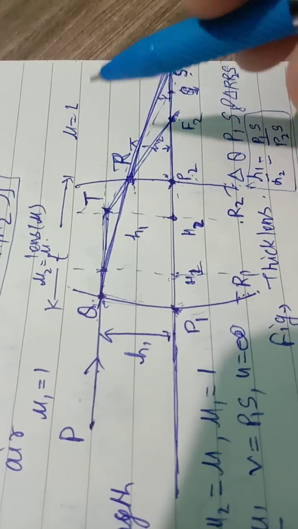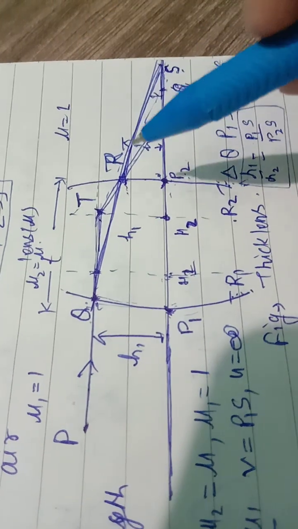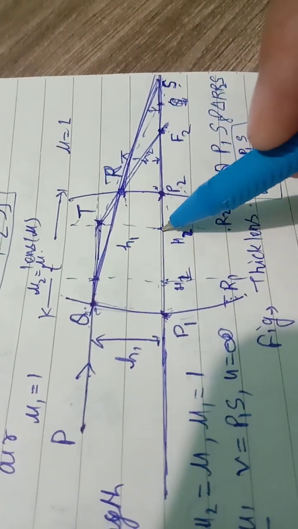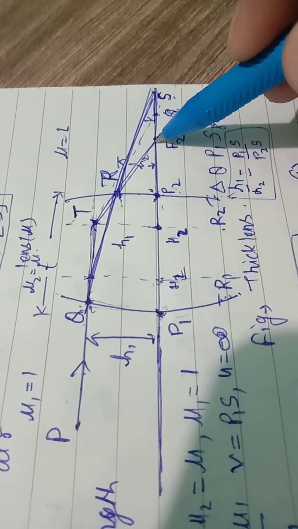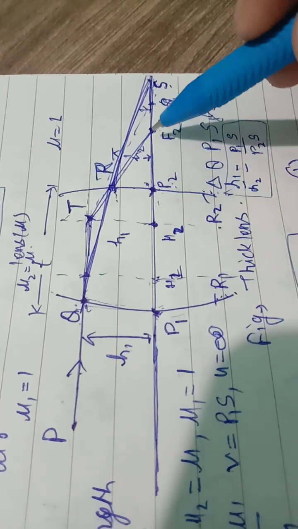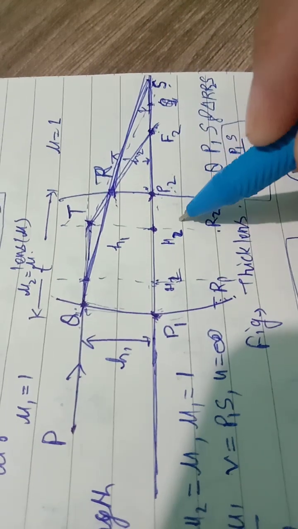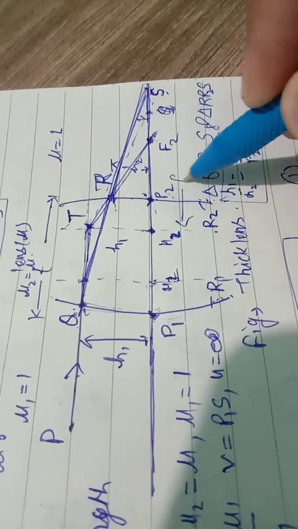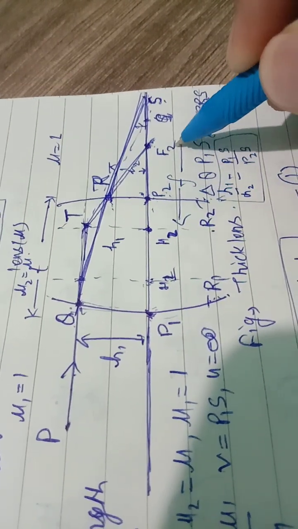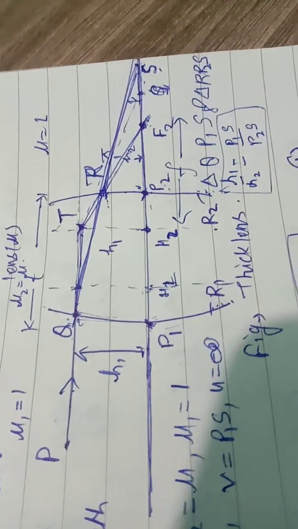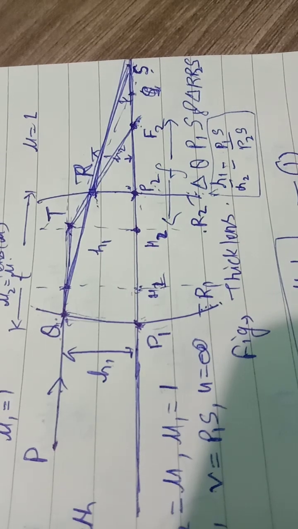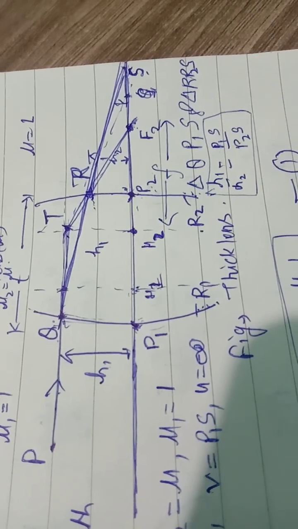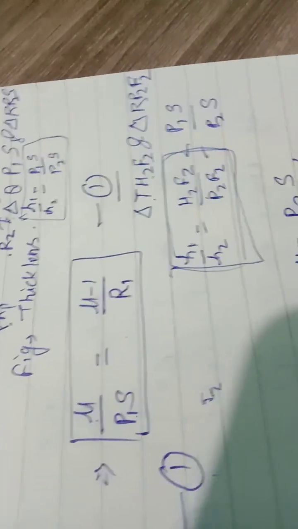From the cardinal point concept, what happened? This second principal point and F2, that is called focal length. It means this distance is focal length. I can put S2F2 equal to F in this equation.